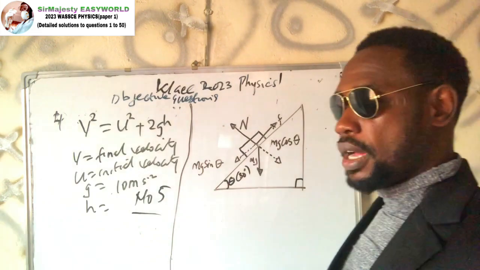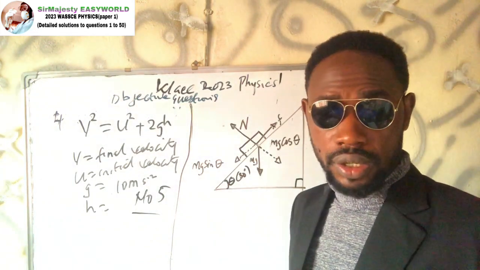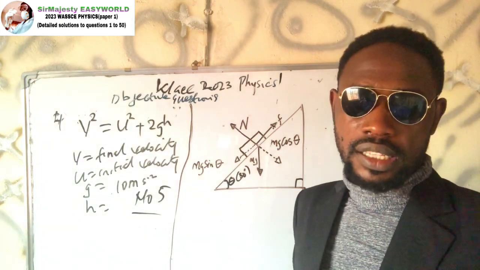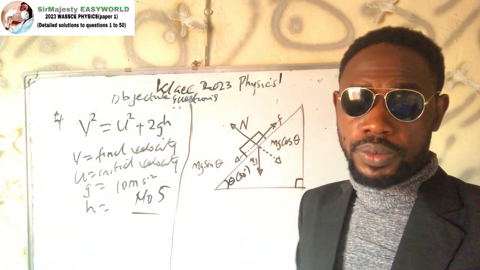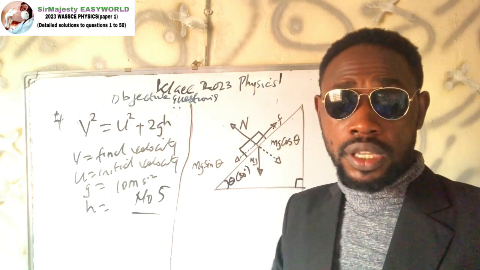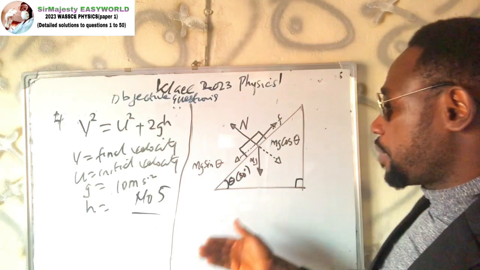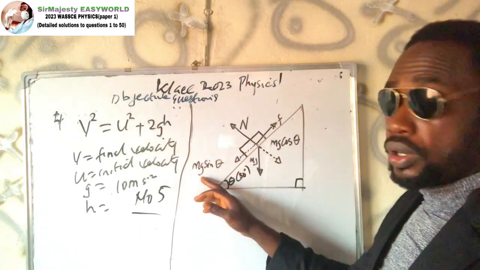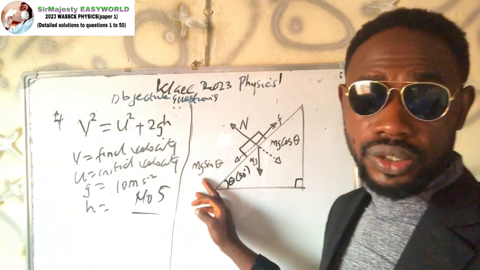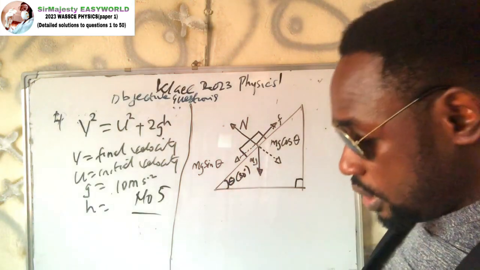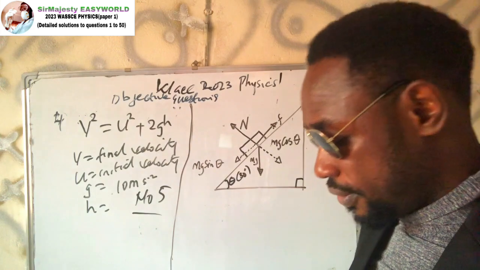In real sense, remember, according to Newton's second law of motion, the net force acting on an object is equal to the mass of that object times its acceleration, which is F equals ma. And this time around we are taking F equals mg, because this g is still acceleration due to gravity, or gravitational acceleration.